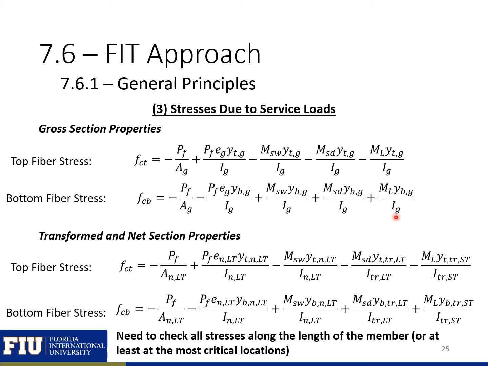With our transformed and net section properties, we again have the same 4 components from our sustained loads. And now we're adding in the last component here for our flexural stresses from our live loads. And you can see we're going to use our short-term transformed section properties because our live loads are externally applied loads and they're immediate loads. So they're not sustained. So we use short-term transformed section properties.